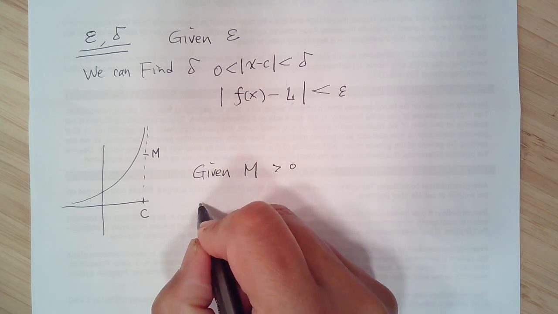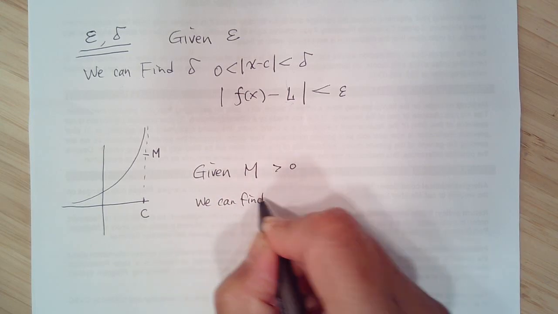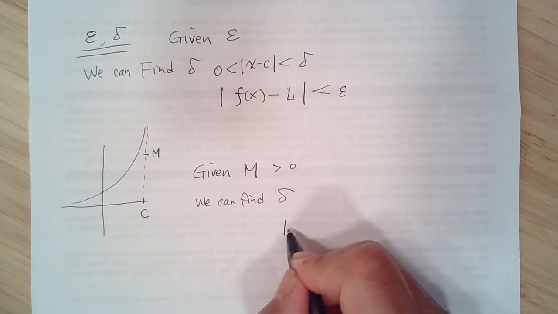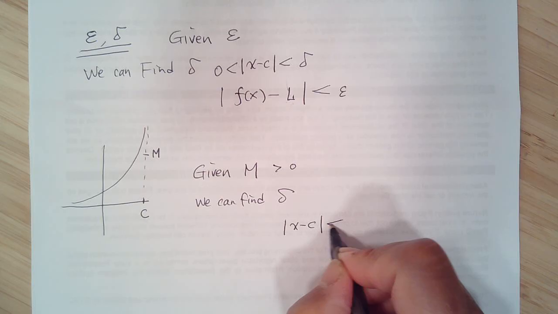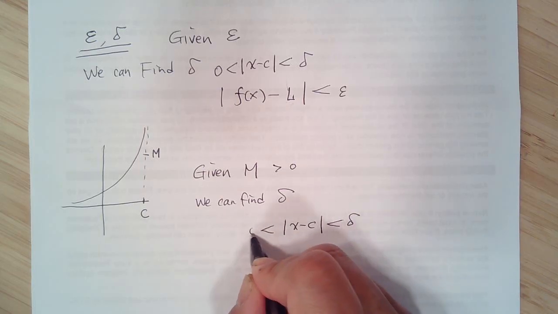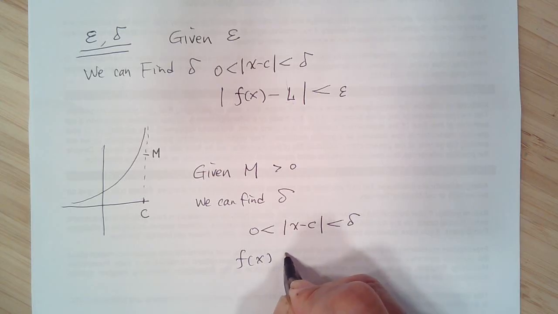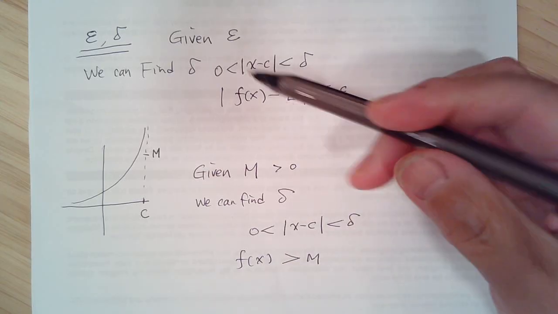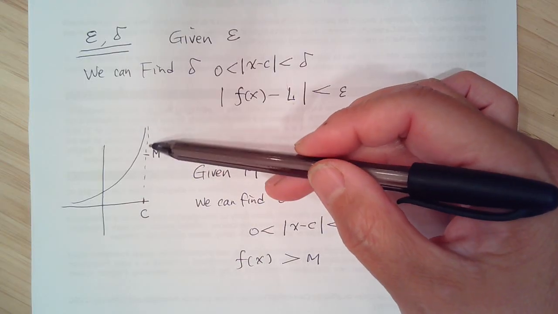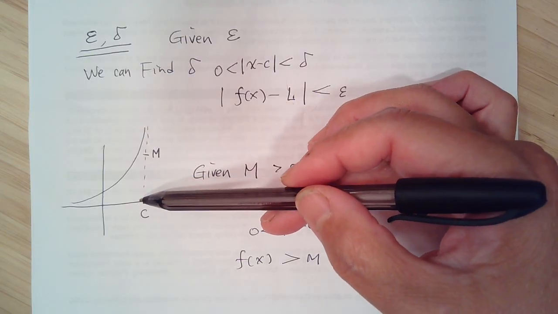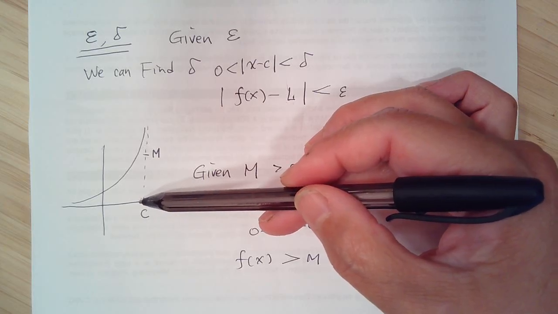And we can find a delta such that the absolute value of x minus c is less than delta and greater than 0, such that f of x is greater than M. Which means no matter how big that M is, we can always find a very small distance from c on this side.